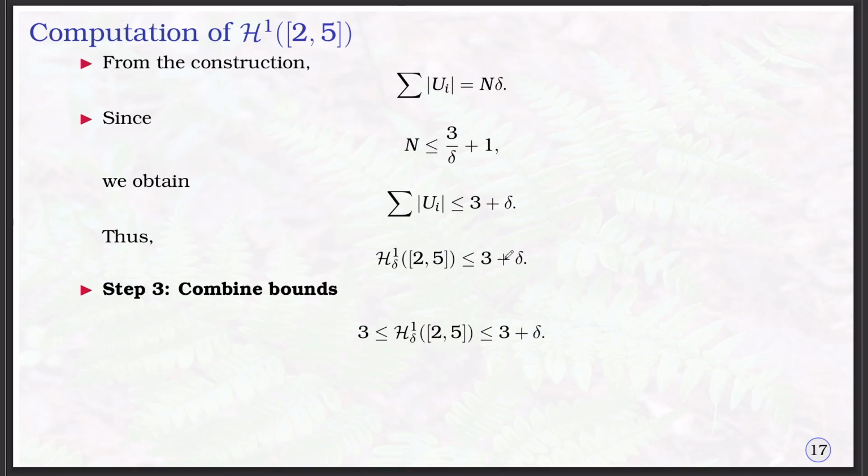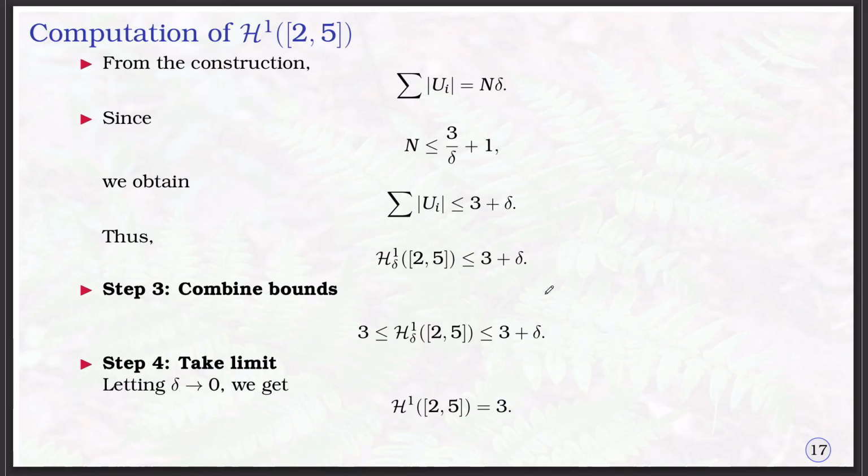Thus, H delta 1 of [2, 5] is greater than or equal to 3 and less than or equal to 3 plus delta. Delta is arbitrary and tends to 0.